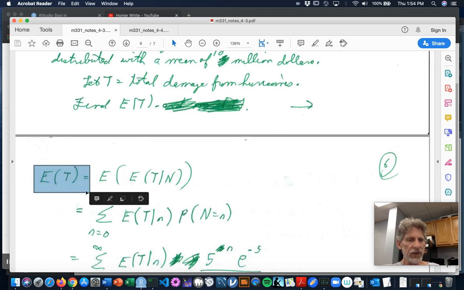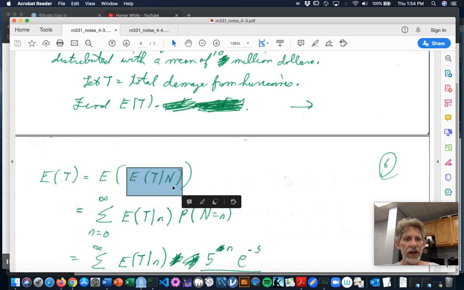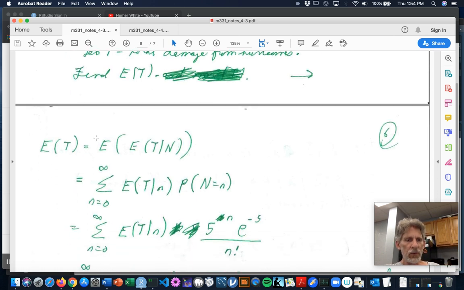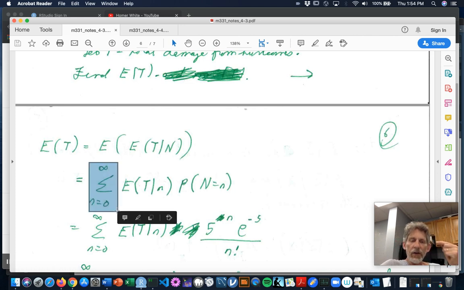Let's find the expected value of T, which is the expected value of the expected value of T given capital N, the number of hurricanes. When I look for this expected value, I'm summing over all the possible values of capital N. Capital N is Poisson, so its possible values are 0, 1, 2, 3, and so on.